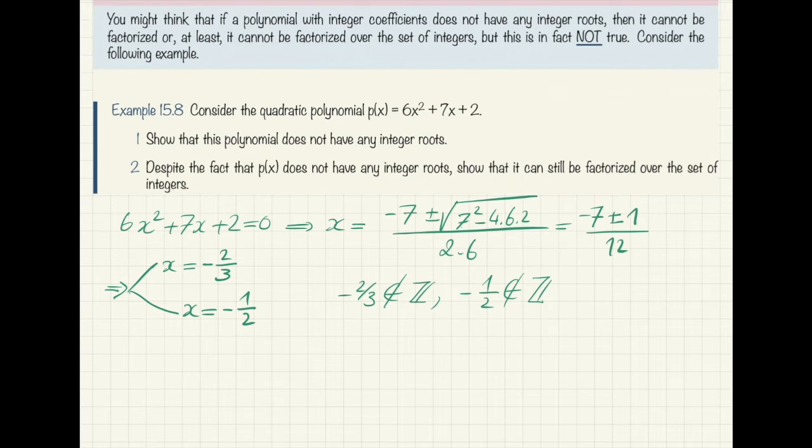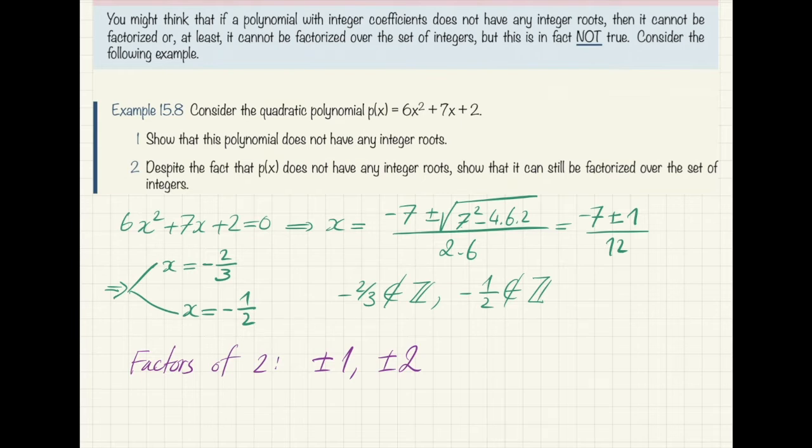According to the previous theorem, if this polynomial with integer coefficients is supposed to have an integer root, that integer root should be among the integer factors of 2. But what are the integer factors of 2? Factors of 2 are plus and minus 1, plus and minus 2.